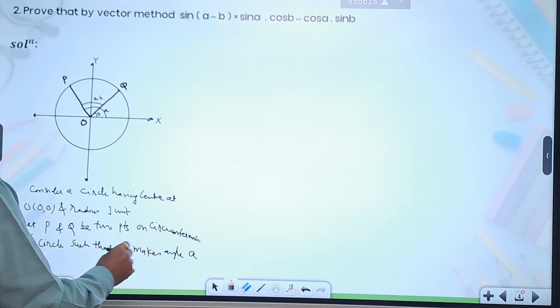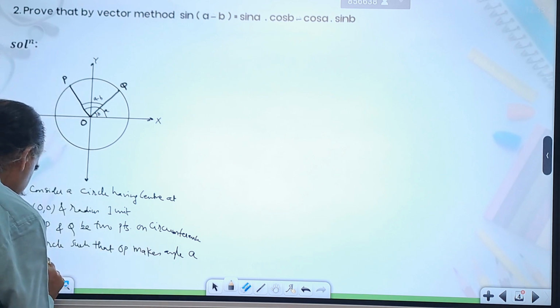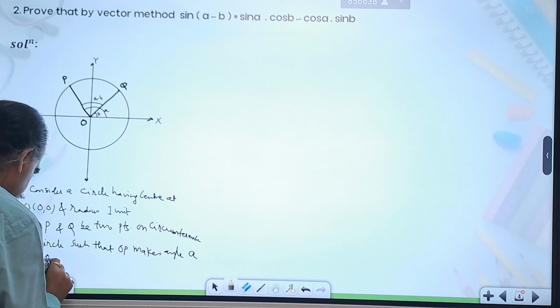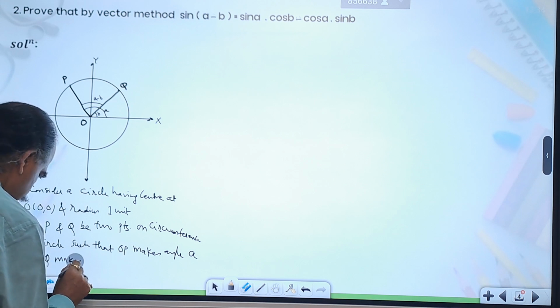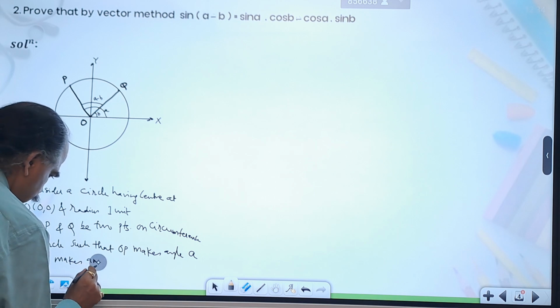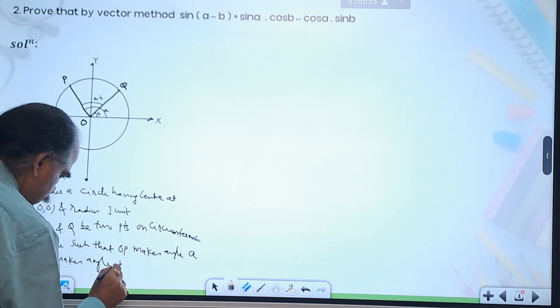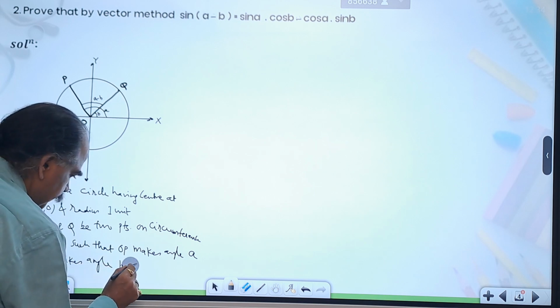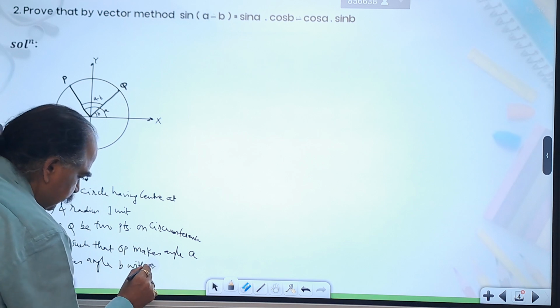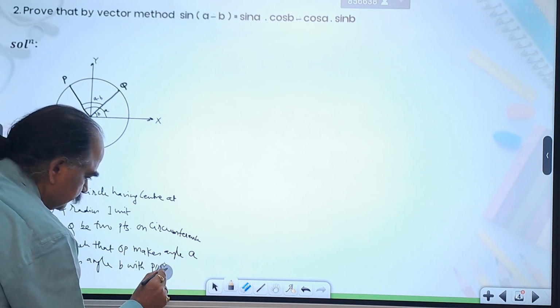OP makes angle A and OQ makes angle B with positive direction of x-axis.